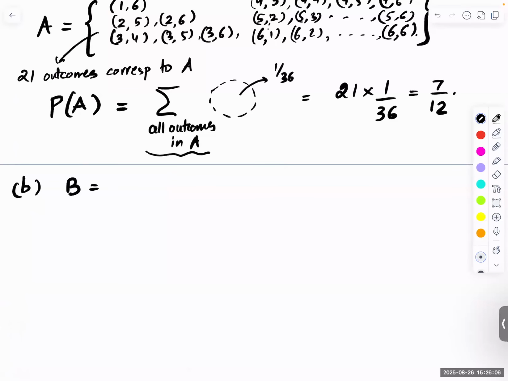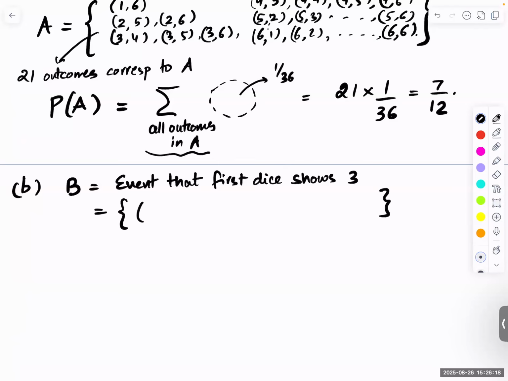So say B is the event that the first dice shows 3. So what is this event in terms of outcomes? 3 and 1, 3 and 2, 3 and 3, 3 and 4, 3 and 5, 3 and 6.